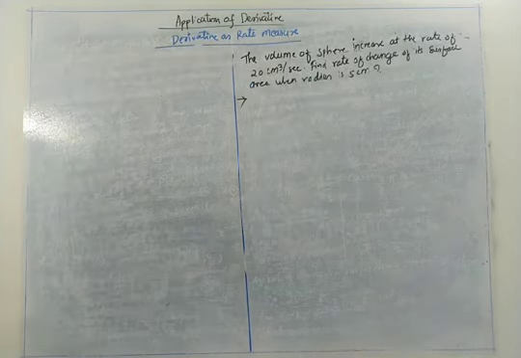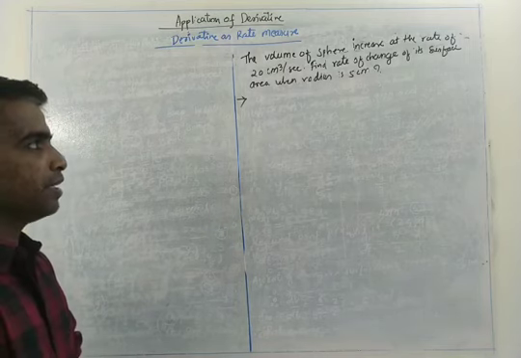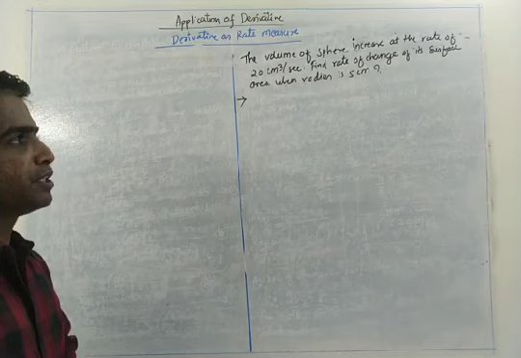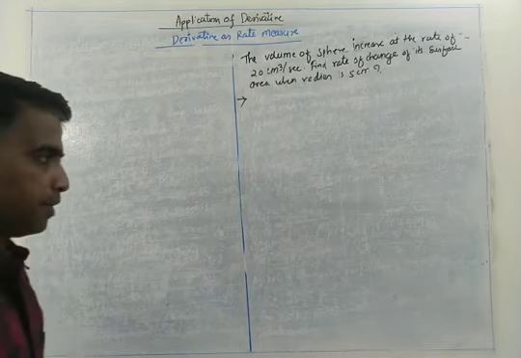The volume of a sphere increases at the rate of 20 centimeter cube per second. Find the rate of change of its surface area when its radius is 5 centimeter.